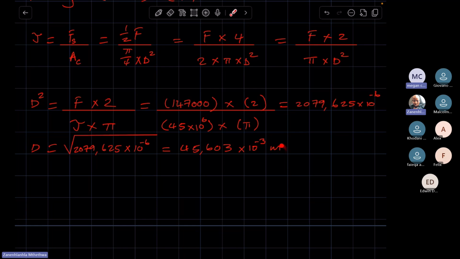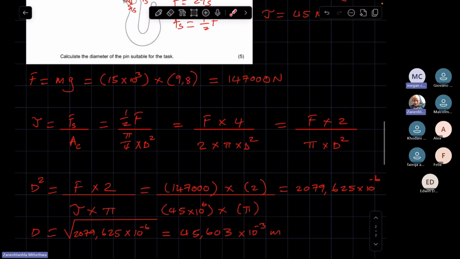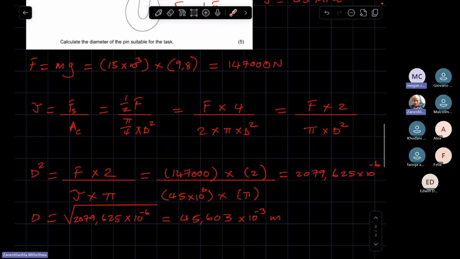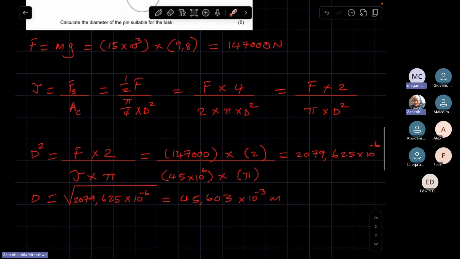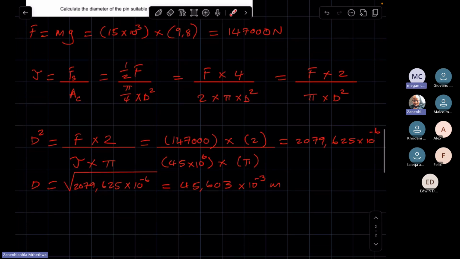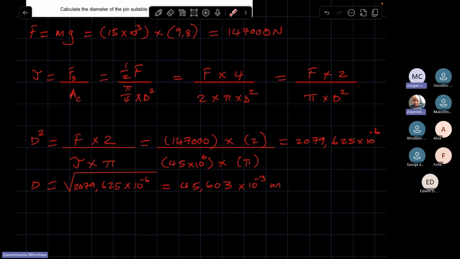But by that first one where you worked out 2079,625 times 10 to the power of negative 6, I also get 207.962 times 10 to the power of negative 6, like Faika got.